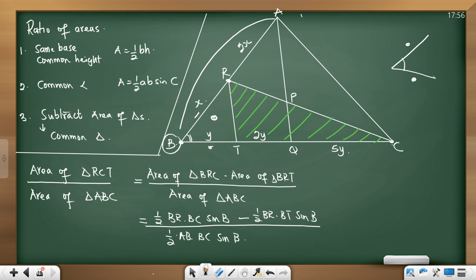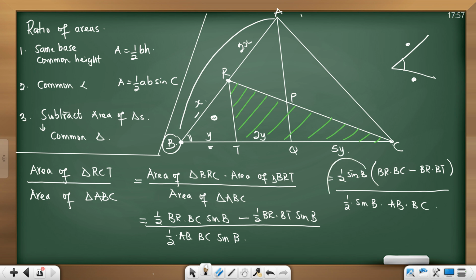Half and sine B. If I factorize, I'll have half sine B times BR BC minus BR BT, over half sine B AB BC. This is why we look for what is common. Do you notice all of this can cancel each other?